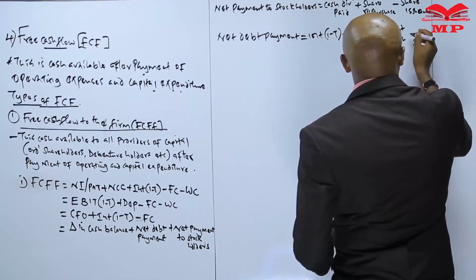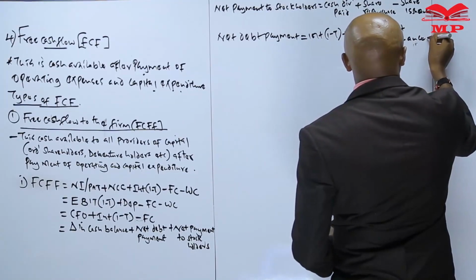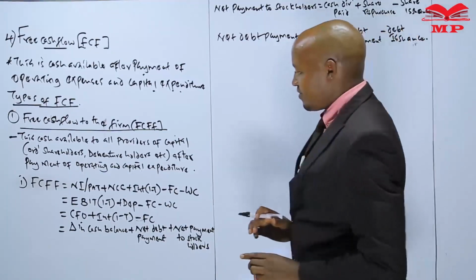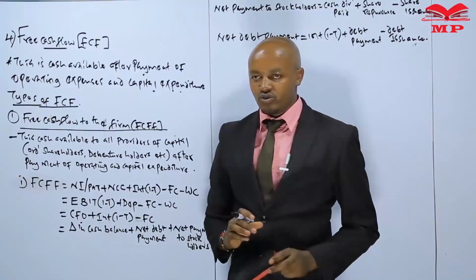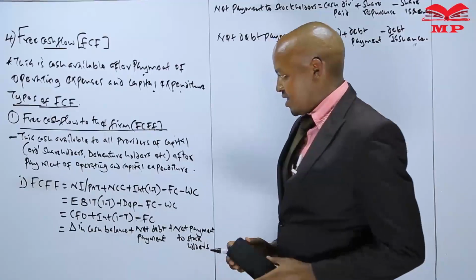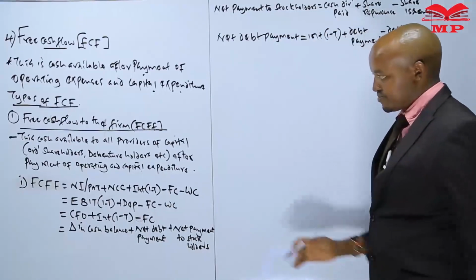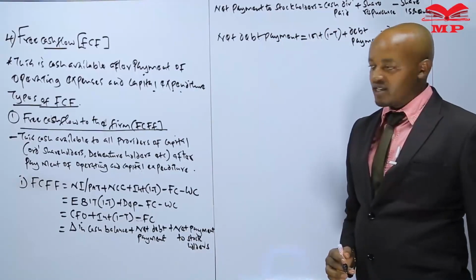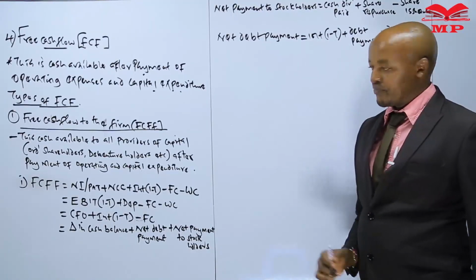When we talk about debt issuance, we are talking of the amount of money raised by the company from issuing various debt instruments. So that is basically the various formulas which we use in computing our free cash flow to the firm.